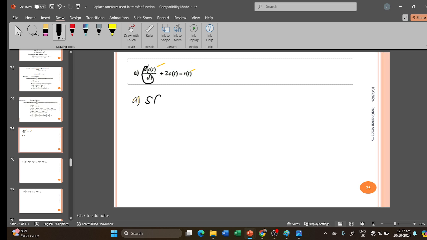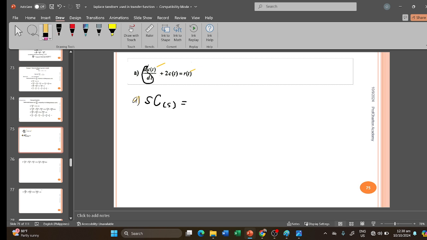Then the c will become uppercase C, and the t becomes (s), which signifies the Laplace operator, meaning you already transformed.